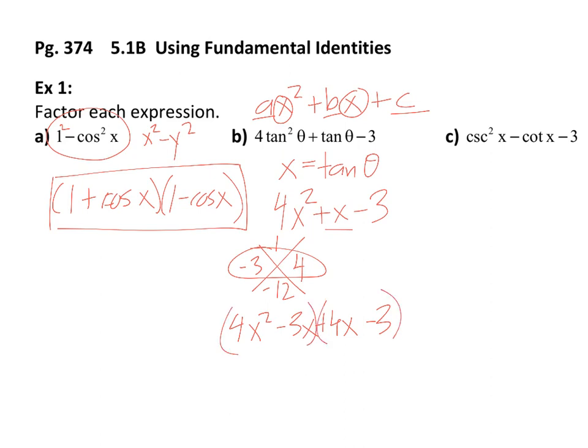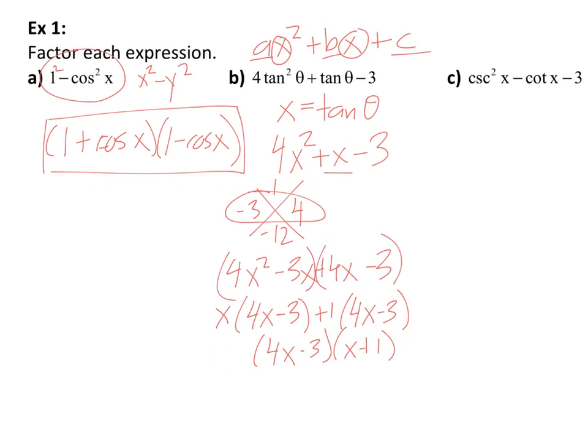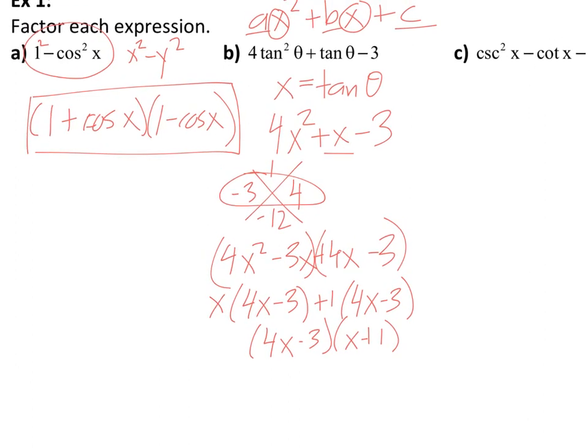Out of the first group I could factor out x. Out of the second group I could factor out a 1. And what I've left over, x plus 1. Alrighty, and now we're not done. We have factored everything correctly, but what is x actually in this problem?